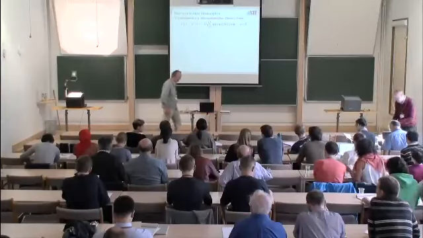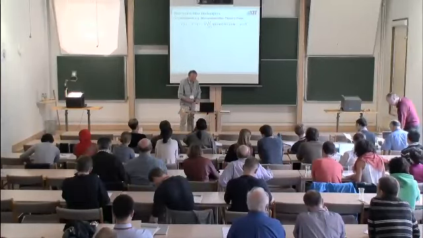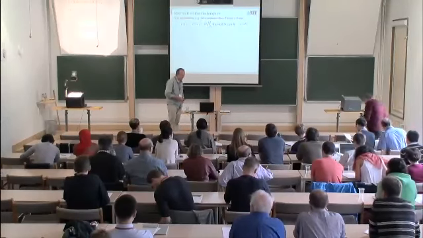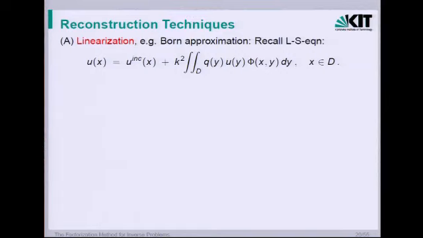Okay, so welcome back to the second part. And so I want to talk a little bit on reconstruction techniques, but of course will not give an overview of all possible methods of how to reconstruct Q from the far-field pattern.